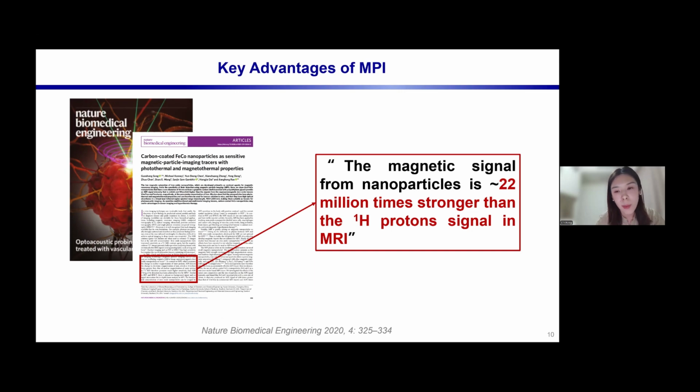Because of this massive signal difference, MPI can detect and image tracers at very low concentrations. This makes it incredibly valuable for in vivo molecular imaging, and also for applications like cell tracking, where we need to follow a small number of labeled cells within the body, and in tumor biomarker imaging, where we need to image a biomarker at very low concentration.